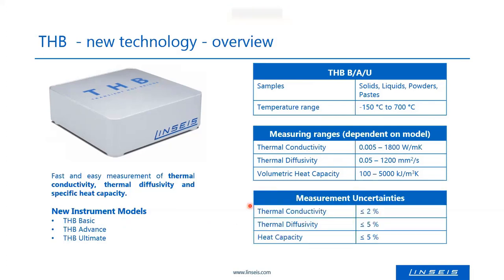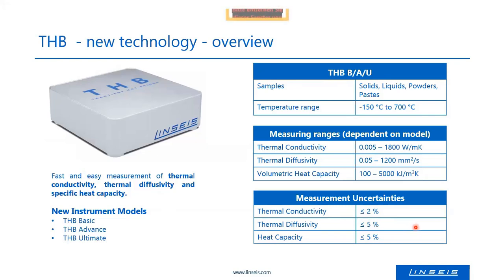The measurement uncertainties are the best in the market for the thermal conductivity. For transient instruments, it's below 2%, which is very, very good for thermal conductivity. For the thermal diffusivity, we improved the new instruments and can now measure also with reasonable accuracy below 5%.